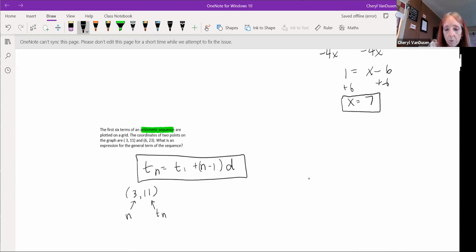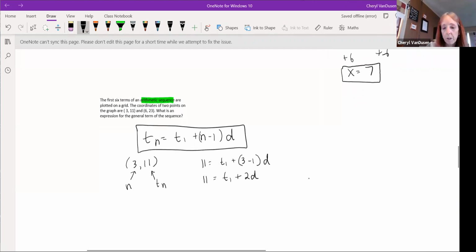So we can put this in the formula as 11 equals term 1 plus (3 minus 1) times d. This simplifies to 11 equals term 1 plus 2d. So not enough information yet to find any answers, but we have not used this other piece of information.